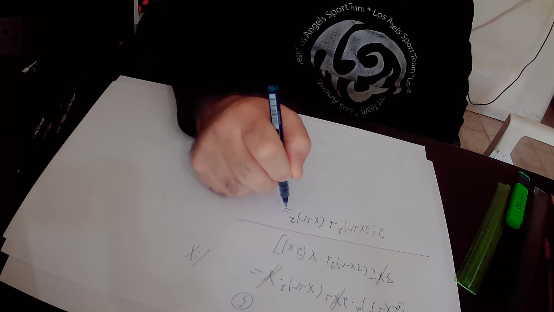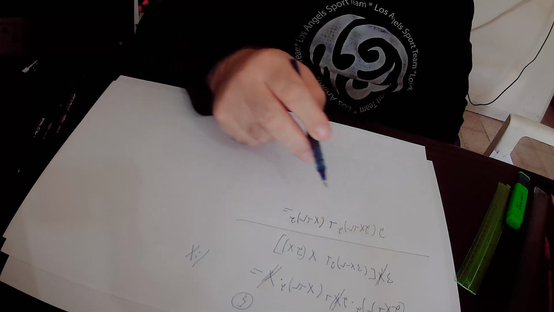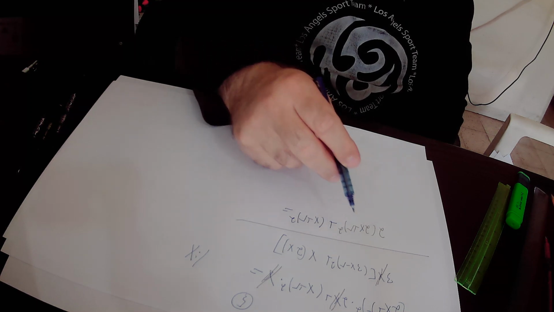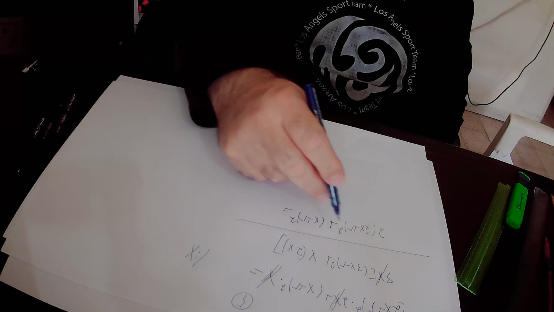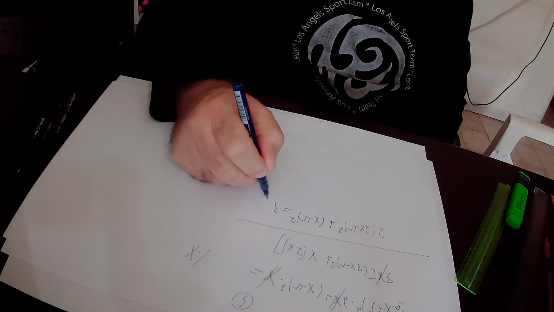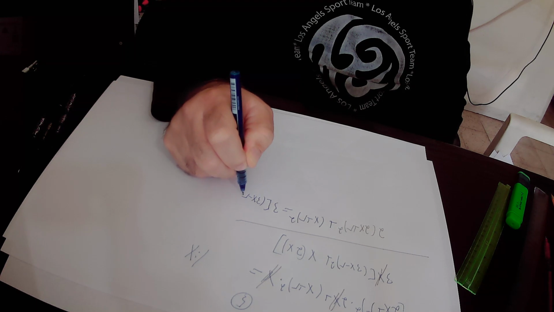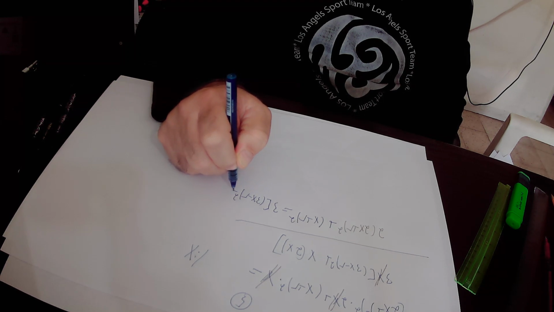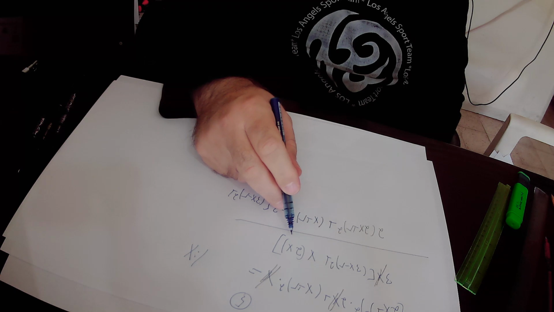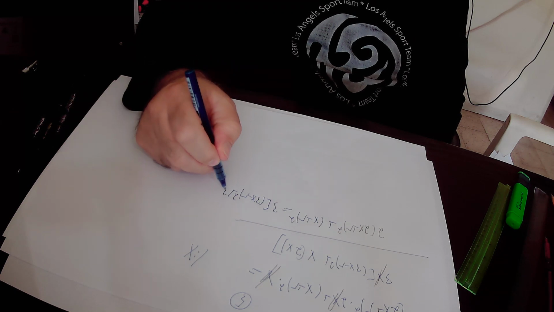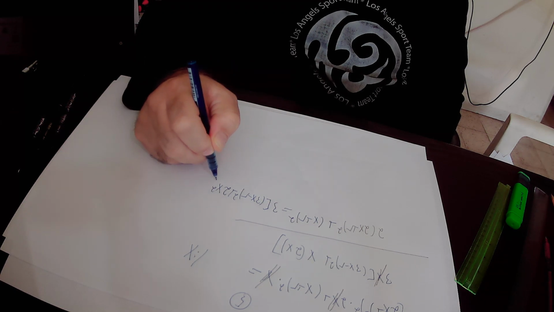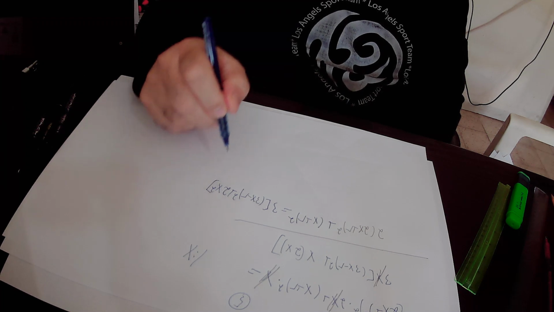This is equal to, in the other side of the equation, 3 times, inside the brackets, (3x minus r) squared plus x times 2x, which is 2x squared. So it is plus 2x squared, all inside the brackets.